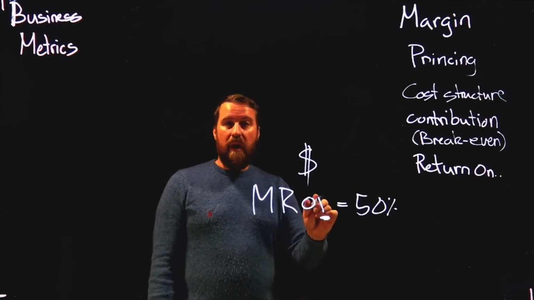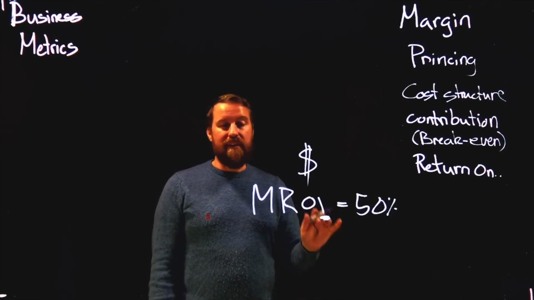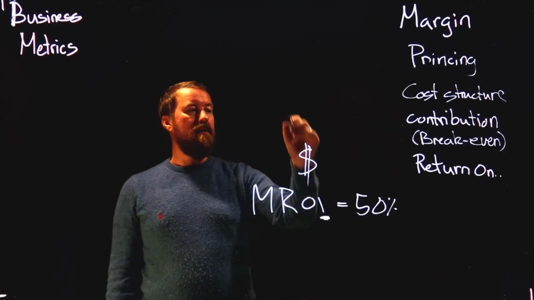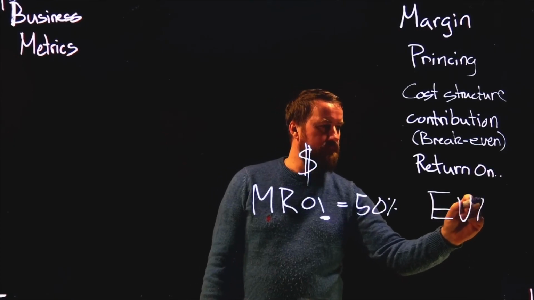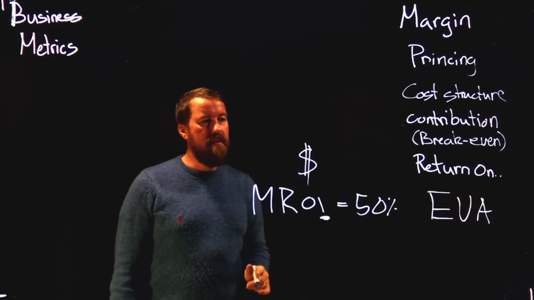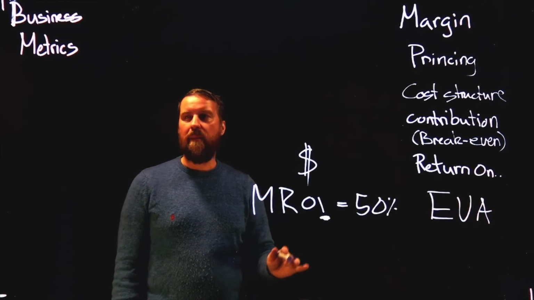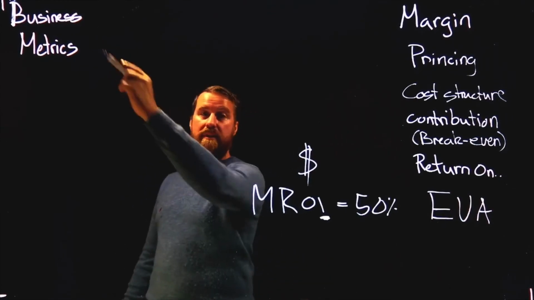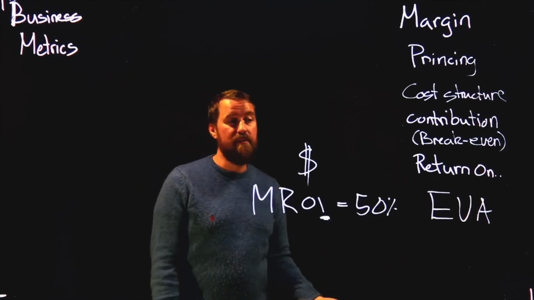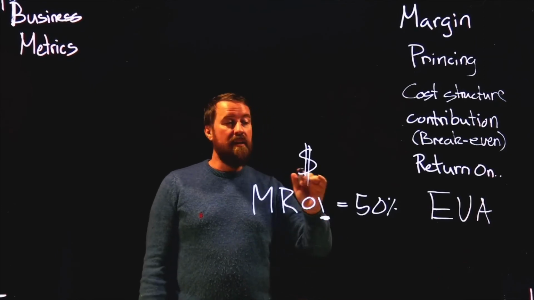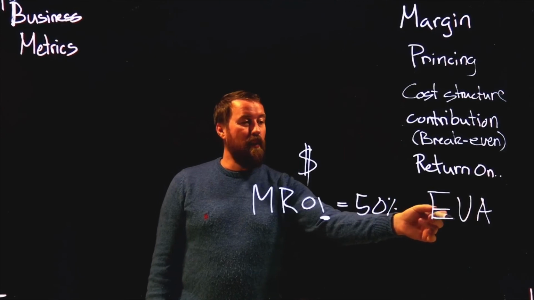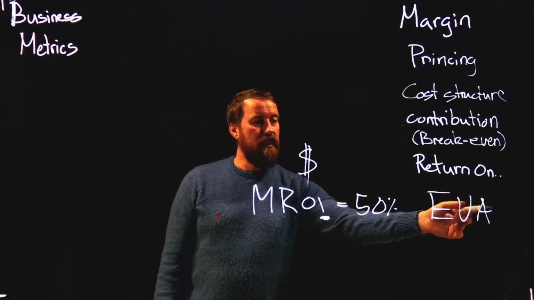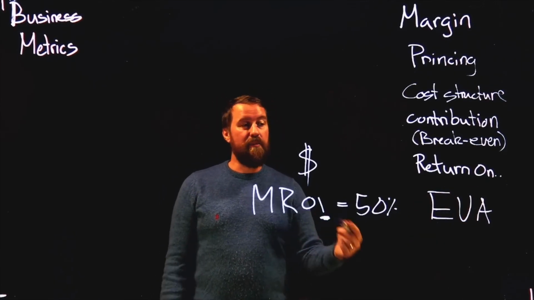The last one I wanted to touch upon in this small video is what we call the big one, the EVA. And it's our economic value add. And it's the big one in terms of our business metrics, because this is economic. So how much money, value we are adding based on our business.